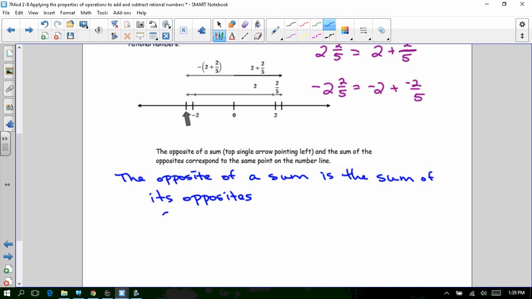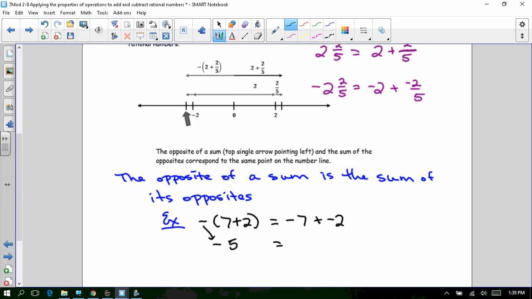So for example, if I gave you 7 plus 2, the opposite of that sum, well, what is 7 plus 2? It's 5. The opposite of that sum, I'm just going to have the opposite out front, is the sum of the opposites, -7 plus -2.